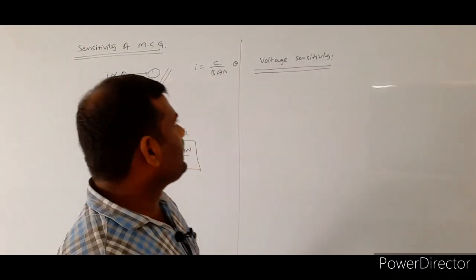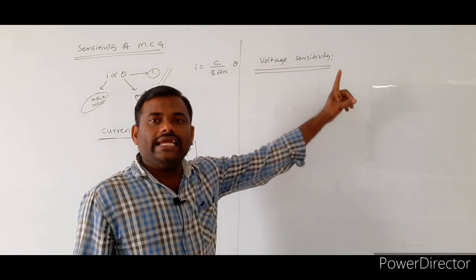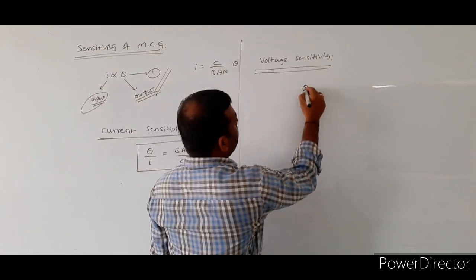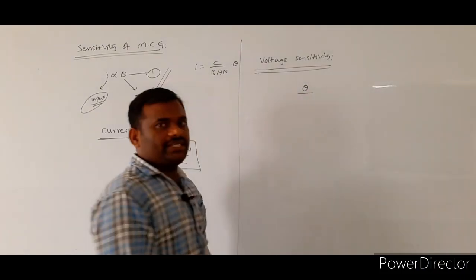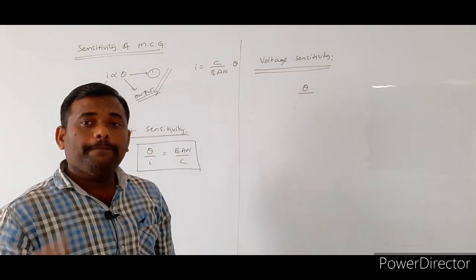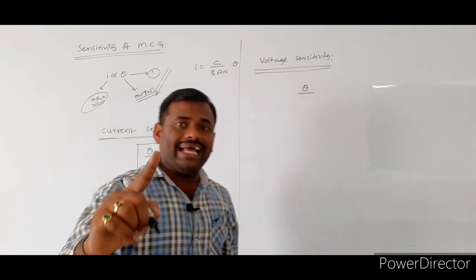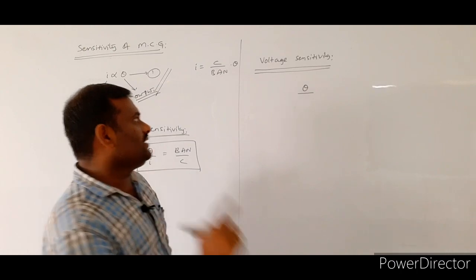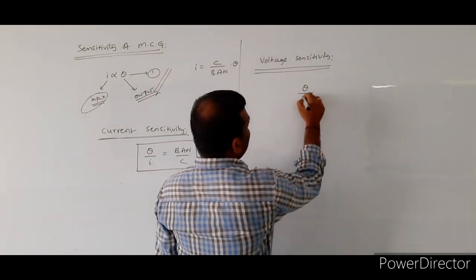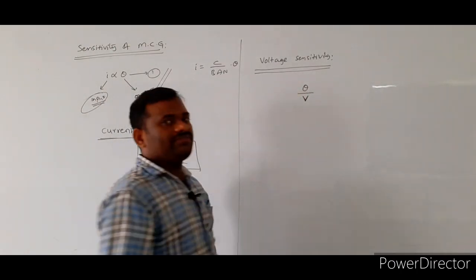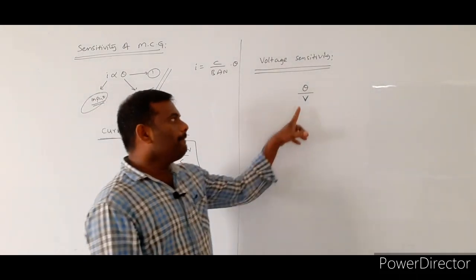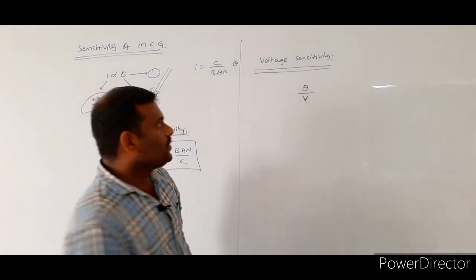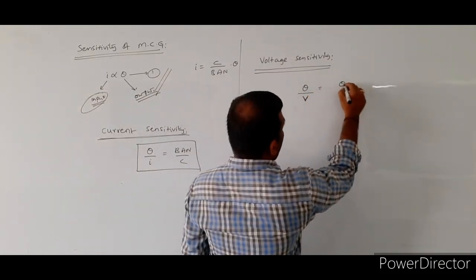Whereas in the case of the voltage sensitivity, it is defined as deflection produced within the loop per unit voltage applied across it. So therefore voltage sensitivity is equal to the amount of the deflection produced within the loop per unit voltage applied across it. So theta means theta only.